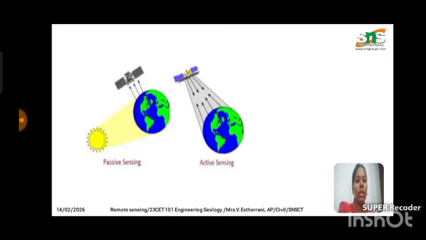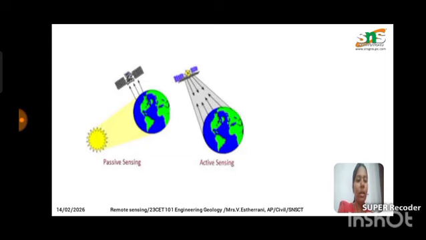In passive remote sensing, the sunlight gives the energy source so that the information is gathered from the earth surface to the satellite. Next one is active remote sensing, where it does not require any energy source, so the information is captured directly from the earth surface to the satellite.